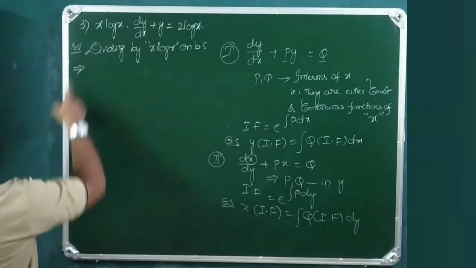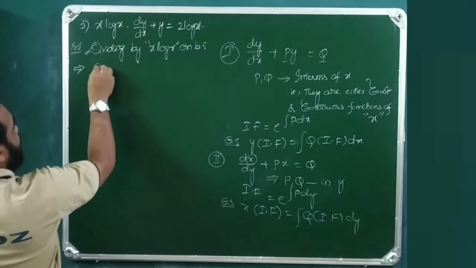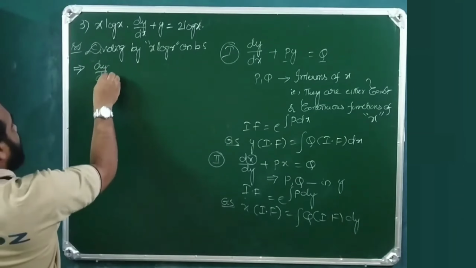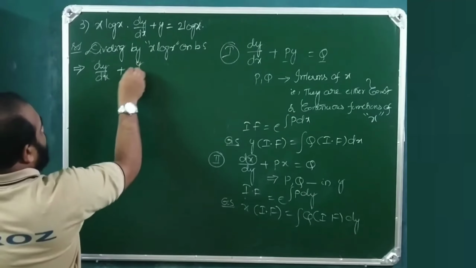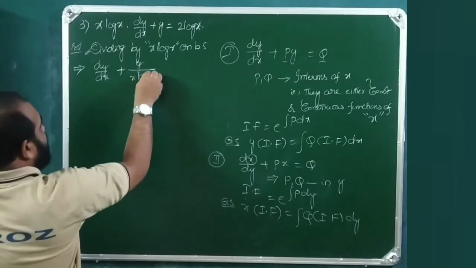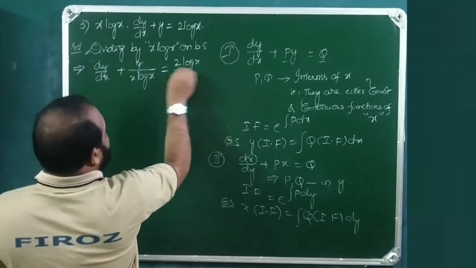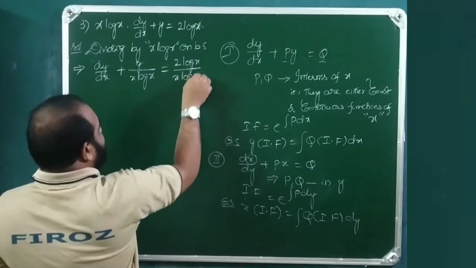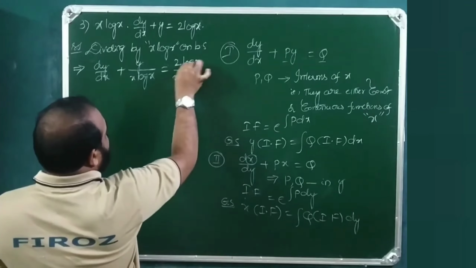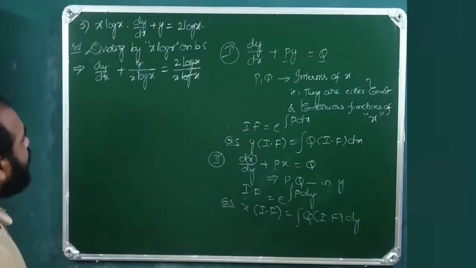Then x log x by x log x gets cancelled, and we get dy by dx plus y by x log x equals 2 log x by x log x. So log x gets cancelled here.